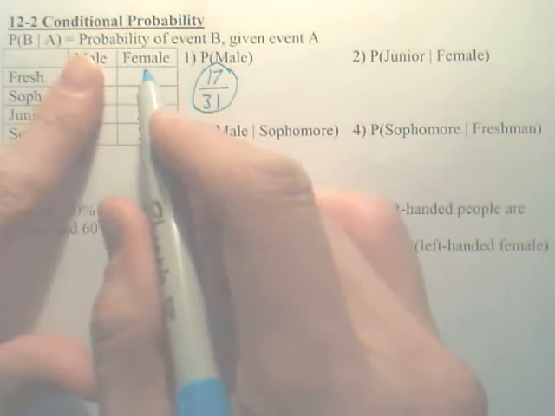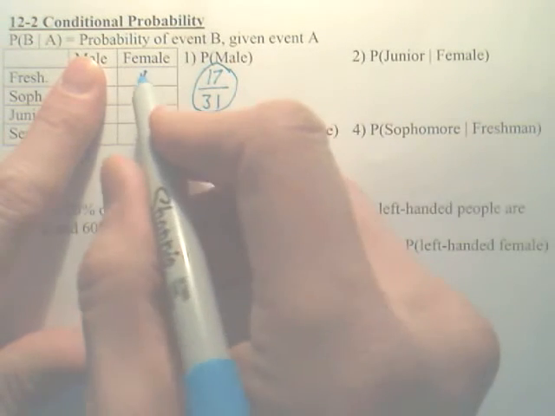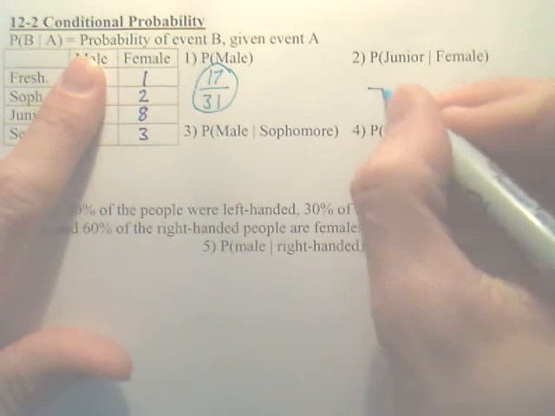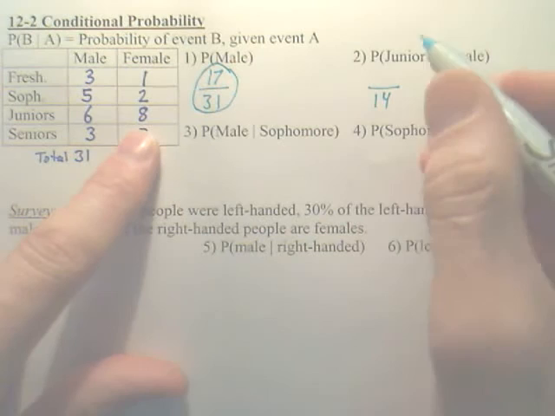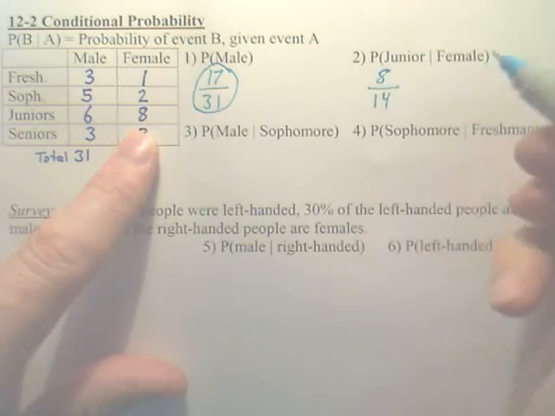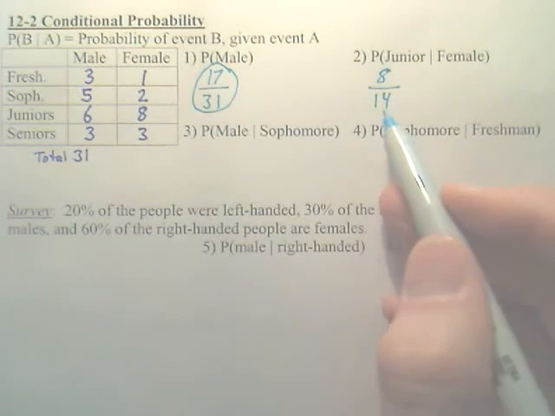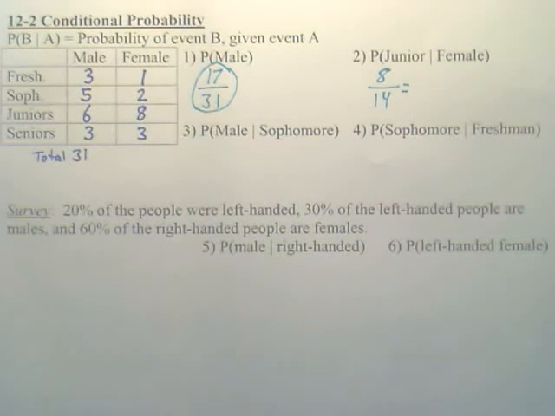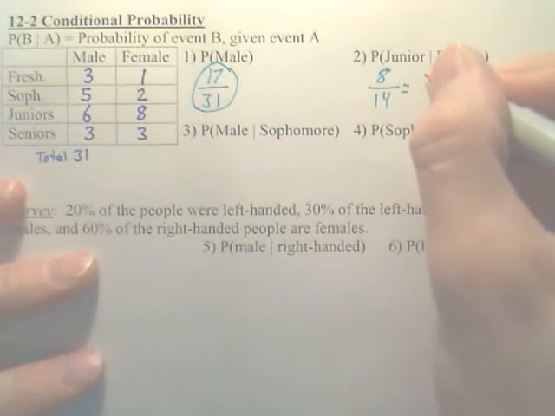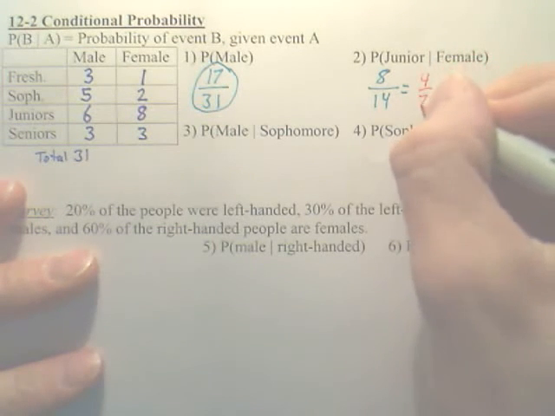So for this column, how many are in this column? 14. There are 14. And out of those 14, juniors, which is 8. So the probability of a junior, given it's a female, is this. If we reduce that, we get 4/7.